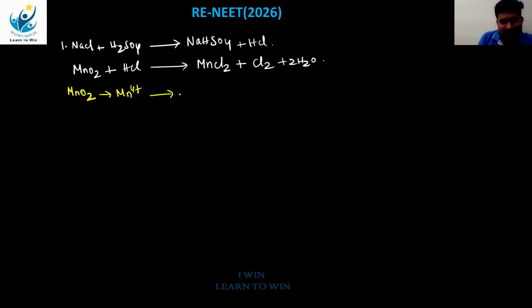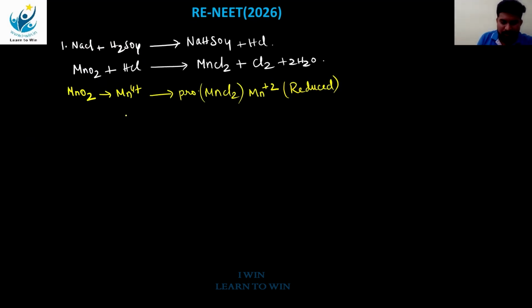After the reaction, the product is MnCl2, where the oxidation state is +2. So clearly it is reduced.